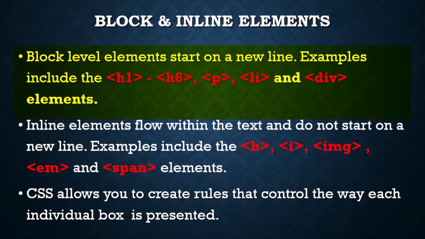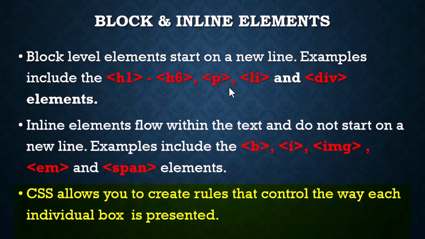These are called block level elements because when you apply them in your code, they start on a new line. The content between them starts on a new line. Whilst inline elements flow within the text and do not start on a new line. Examples of inline elements include the bold, the italic, the image, the emphasis, and the span.